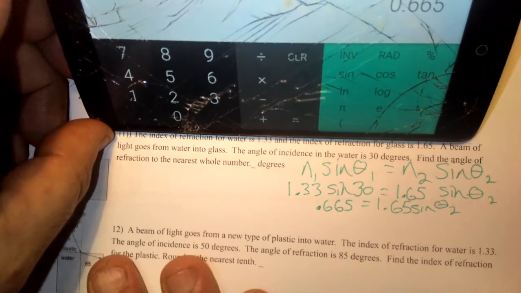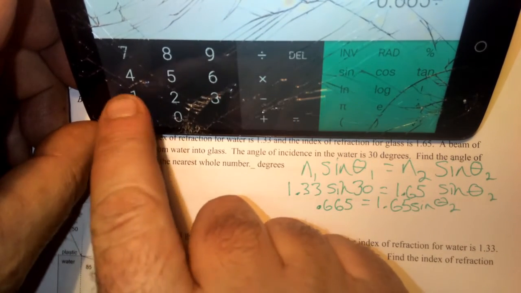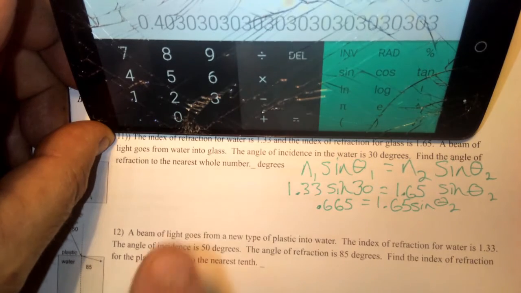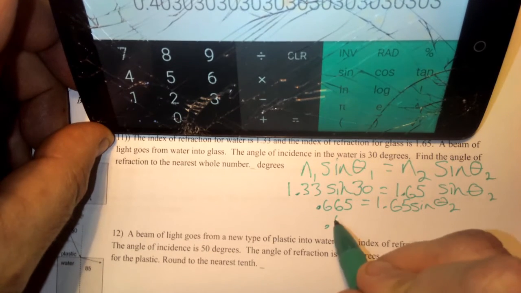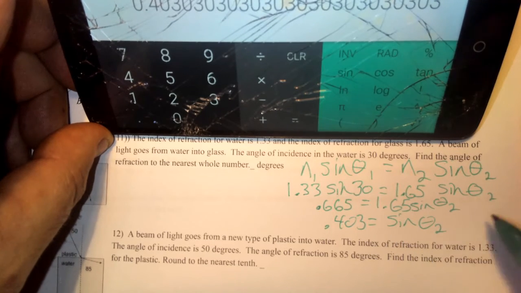Okay, and now I'm going to divide both sides by 1.65. I get 0.403 is equal to the sine of theta 2.